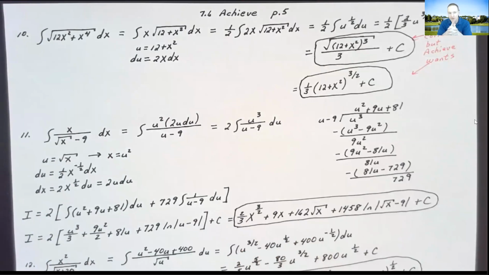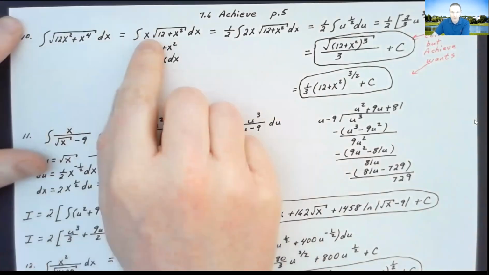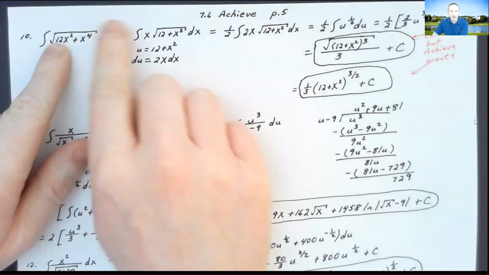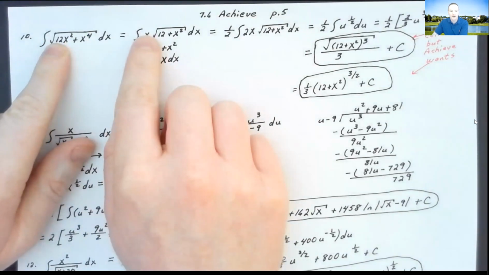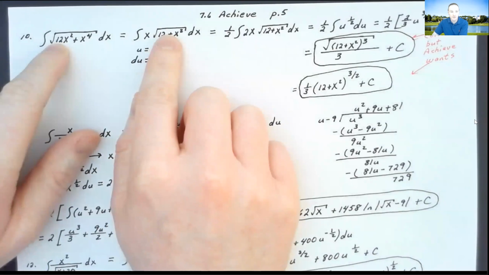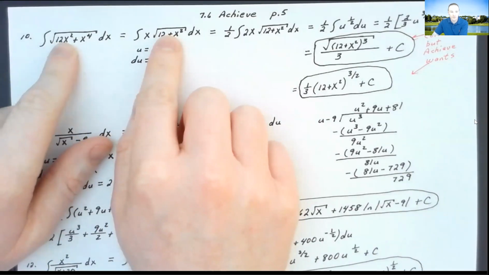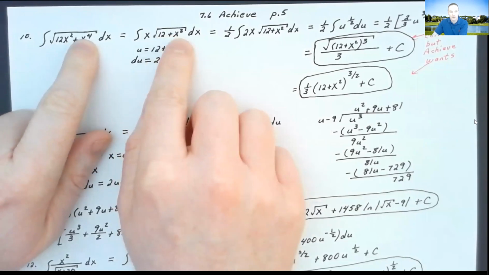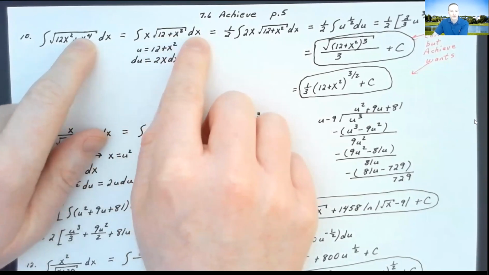So the square root of x squared can come out as an x. And so then this original problem is equal to the integral of x times, when you factor out the square root of x squared, what's left is the square root of 12 plus x to the 2nd, integrating that with respect to x.